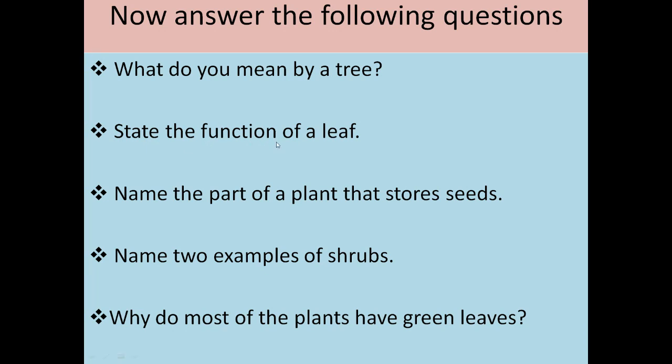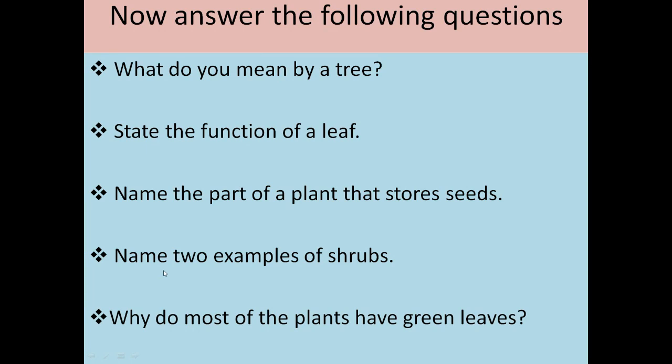Next, state the function of a leaf. Leaf makes food for the plant. Again, it's correct. Name the part of a plant that stores seeds. Yes, it is fruit. Absolutely correct.